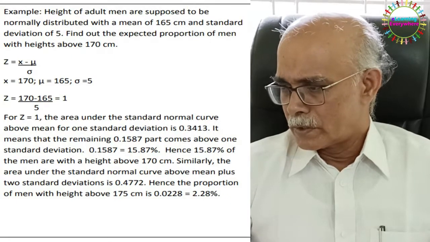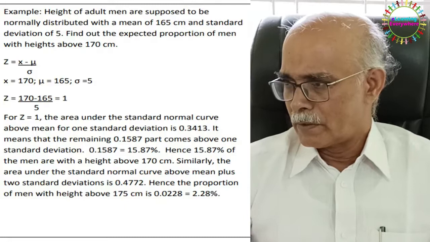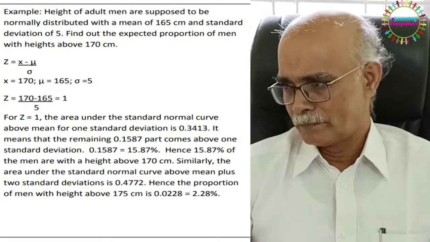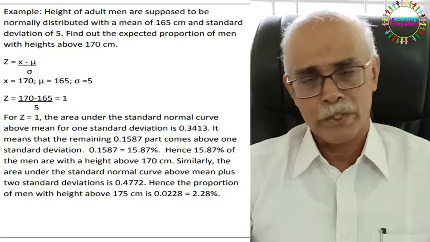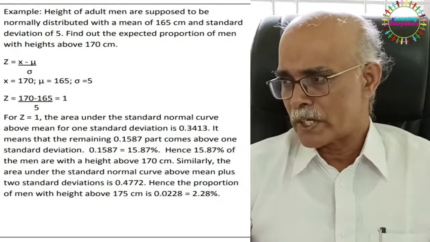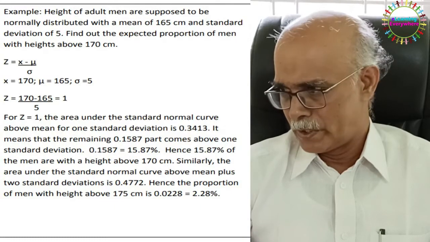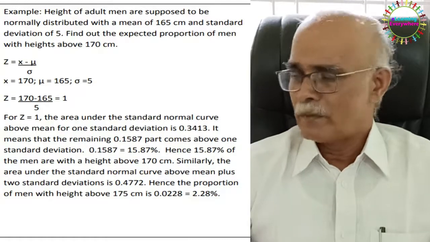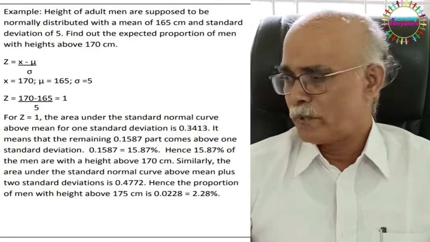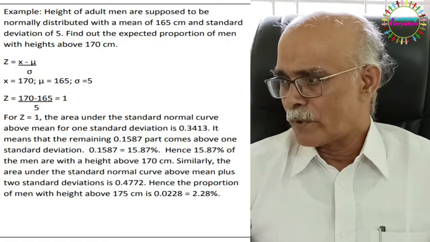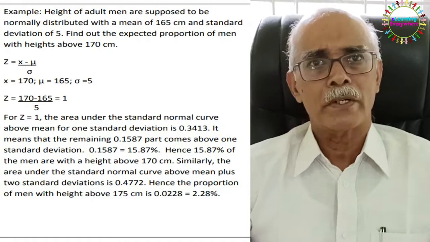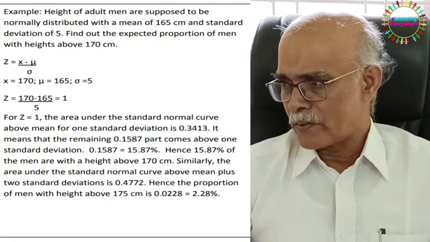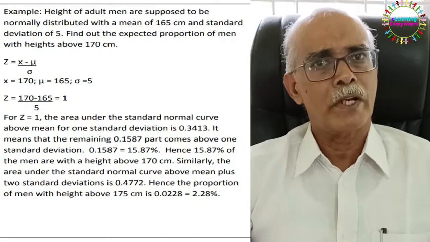Here it is the heights above 170 centimeter, because 165 is the mean, 165 plus 1 standard deviation gives 170. So you can see that out of the 50% above the mean of the distribution, 34.13% comes within one standard deviation, and the remaining 0.1587 comes above it.